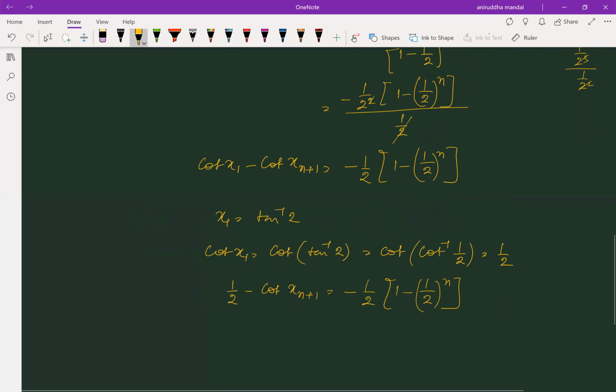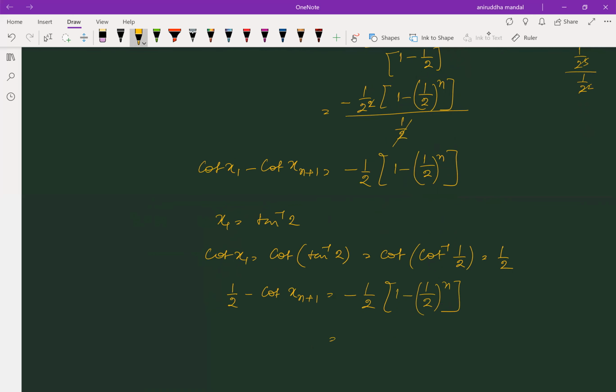Now we take cot x_{n+1} to that side, so we have cot x_{n+1} equal to half minus half times (1 minus half to the power n).